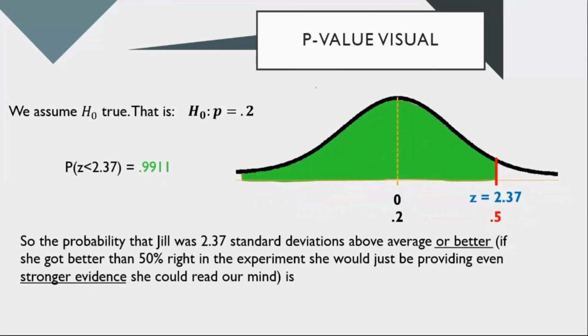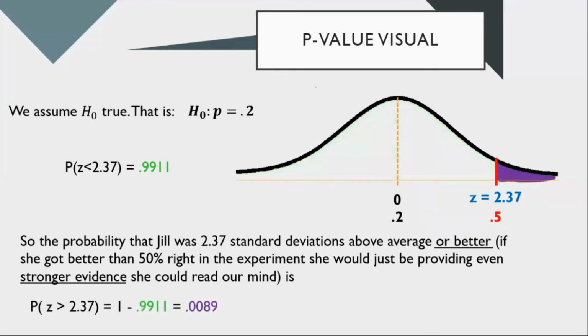Well, we wanted the probability that Jill would do 50% or better, because that would be stronger evidence that she is reading our minds. So we shade to the right, that is, we take the 0.9911, subtract it from 1, we get the 0.0089.